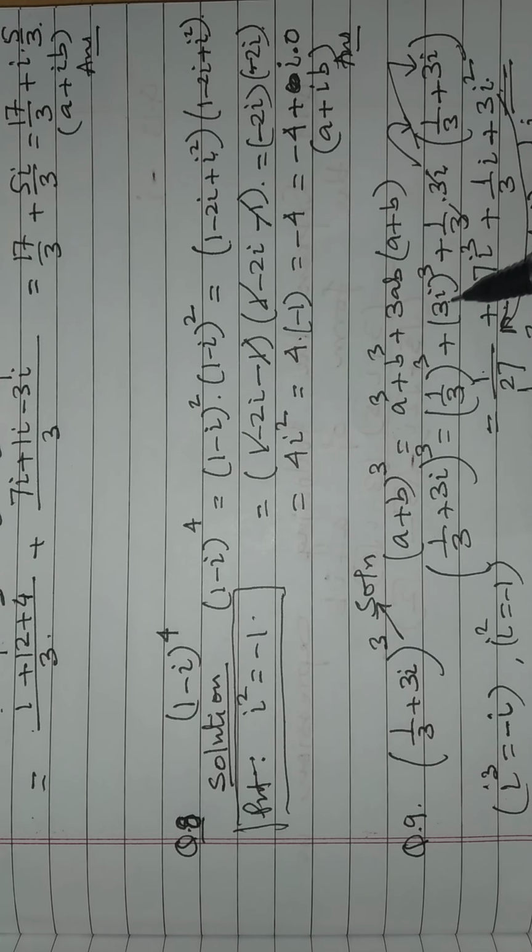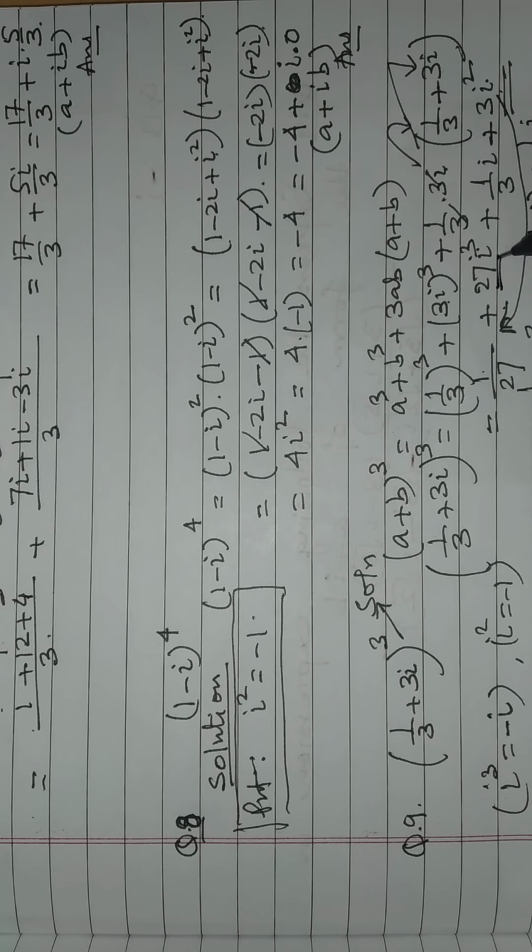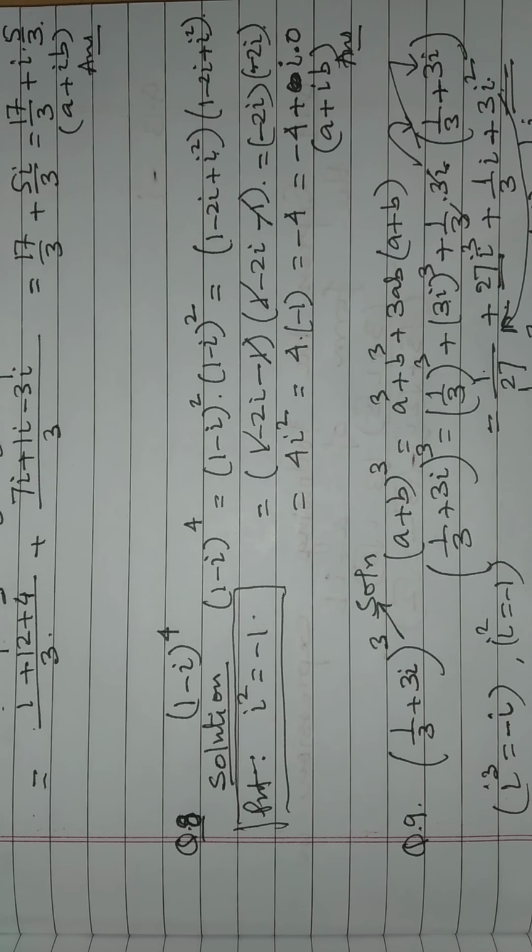And here 3 threes are 9, 9 threes are 27, and then it is i cube, so in place of i cube we will substitute minus i, so minus 27i, and then it is 1/3 i. In place of i square, see, here I have multiplied i with 1/3, so 1/3 i and then plus 3i square. In place of i square we have just put minus 1, so it becomes minus 3. So it is equal to 27, and then 27 into 3.